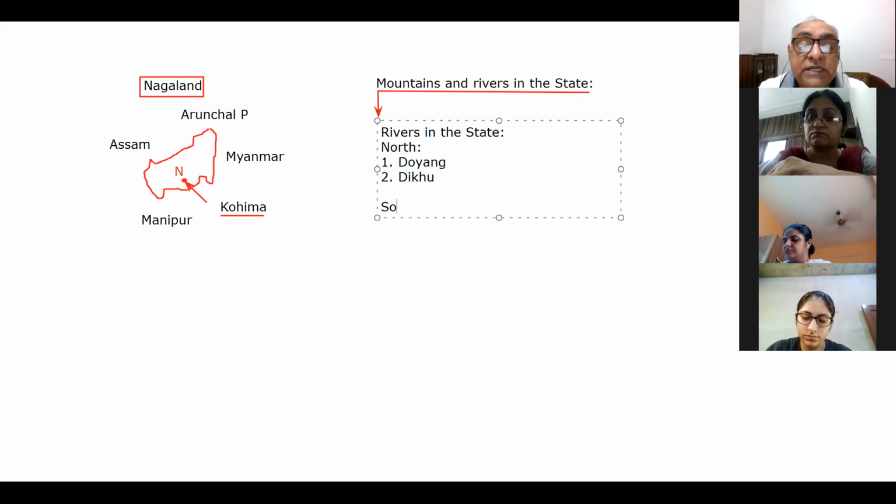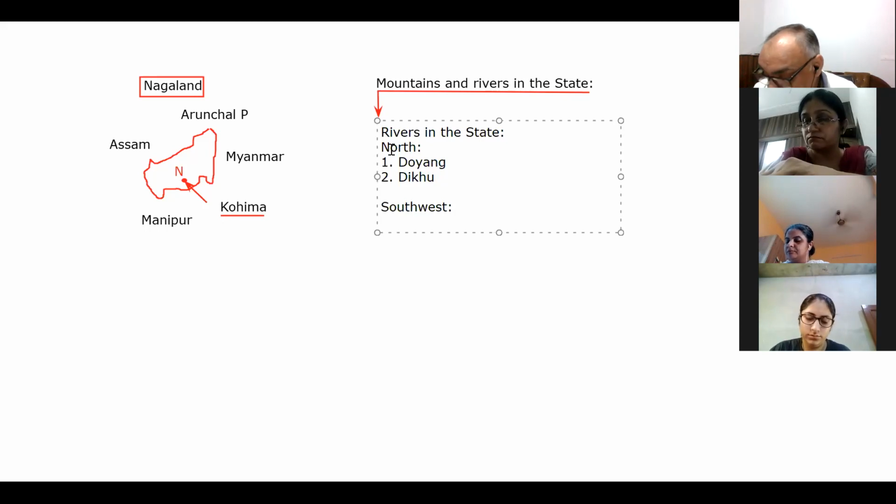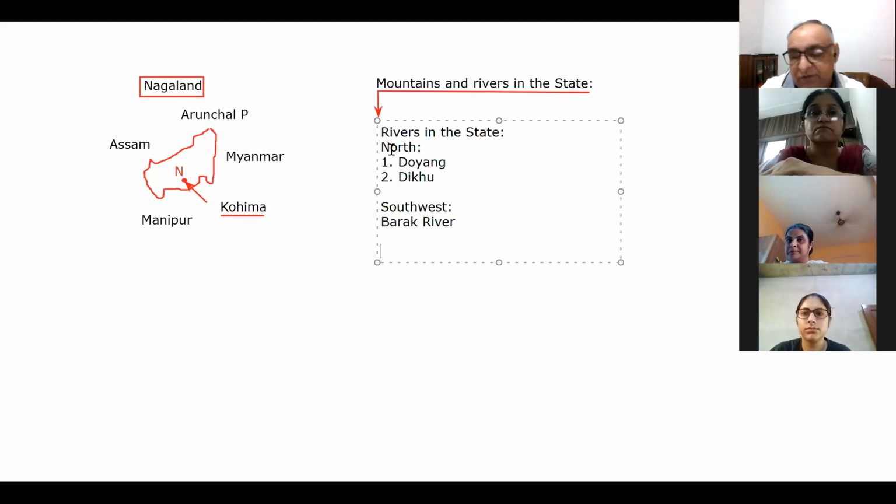The next is the river of southwest of Nagaland. This is the Barak River. This is an important river, you know, Barak River. And next is the southeast.